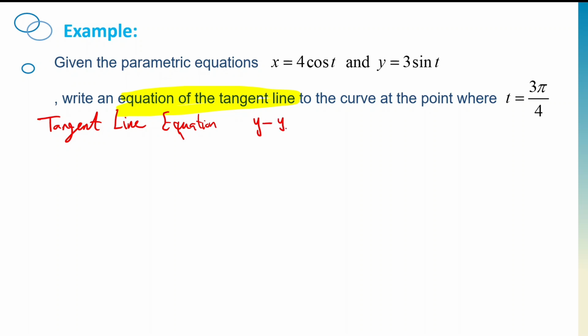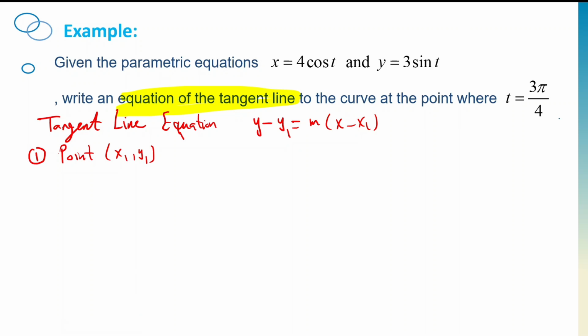So this is y minus y1 equals m times x minus x1. So this is the general form I'm using. So what do I need to get this tangent equation? I need one point, which is x1, y1, and I need the slope, which is m. So the first requirement is one point, x1, y1. How do we get this point?